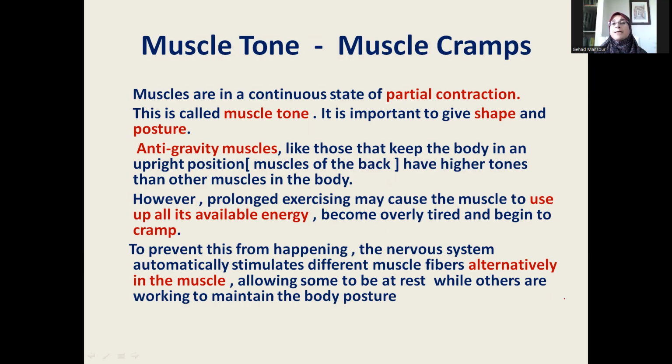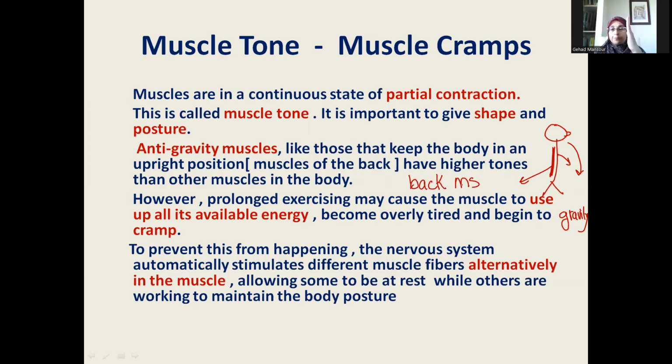When it comes to anti-gravity muscles, if you stand upright, you have a tendency to lean forward and fall because of gravity. So all the time, your back muscles have to contract partially in order to prevent you from falling forward.